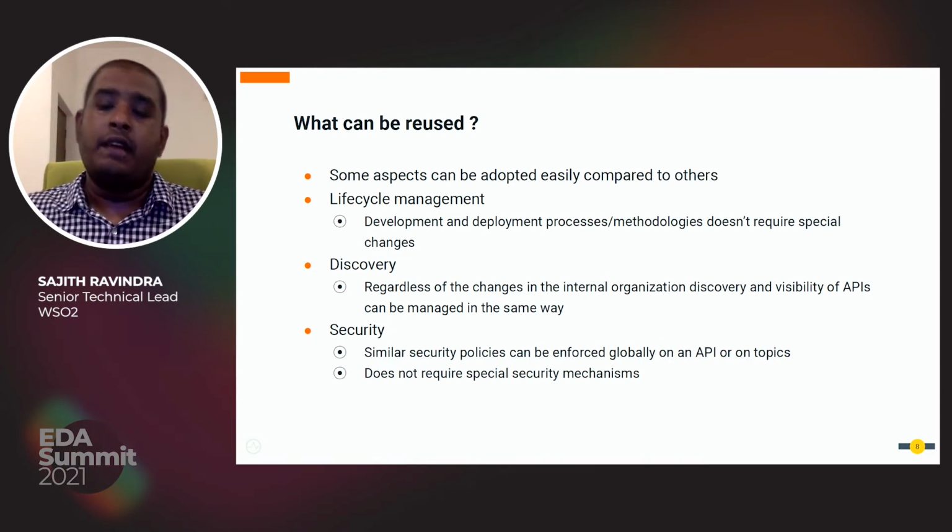And also we can inherit nice features such as fine-grained access control that is used in RESTful, such as OAuth scopes. So by using OAuth scopes, we can provide fine-grained access control to topics, right?